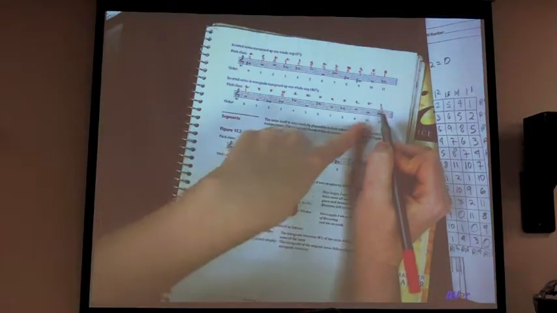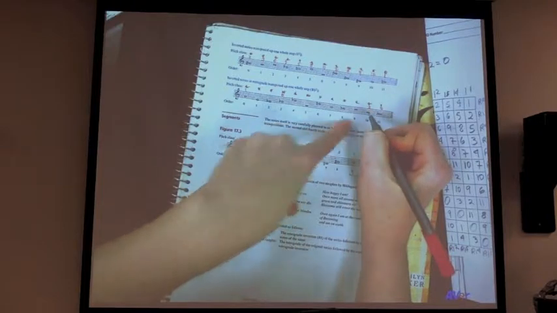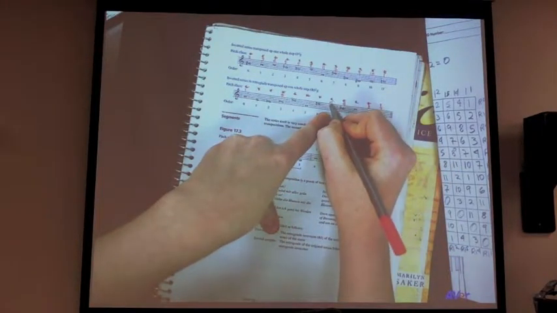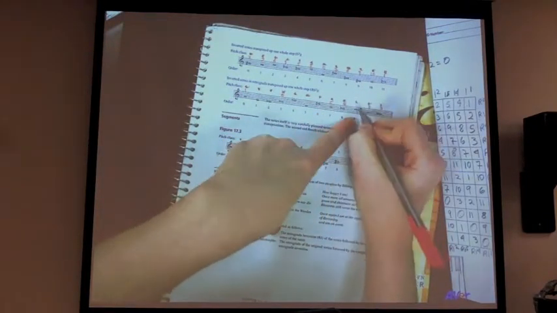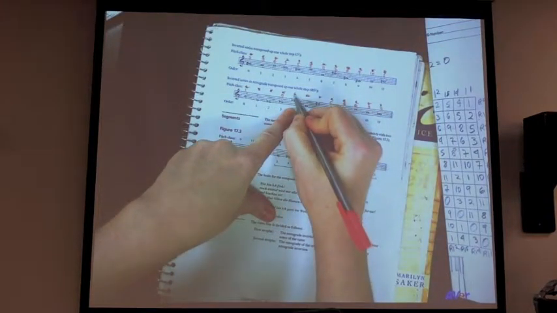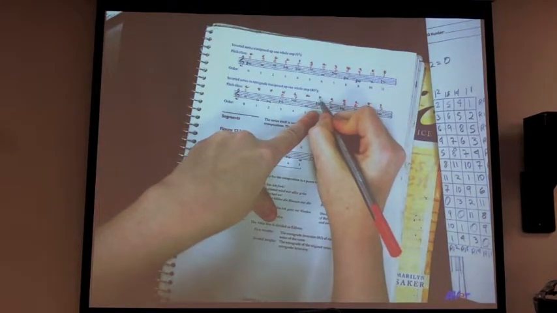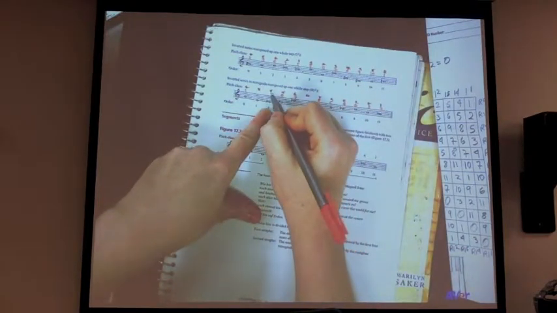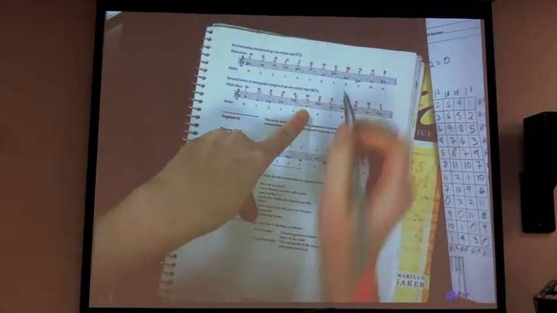All right. 3 is going to be A natural, 4 is B flat, B natural, right? And then 6, C natural, D flat or C sharp, same thing, it's going to be 7, D natural is 8, and then E flat, 9, E natural 10, and then finally F natural 11.